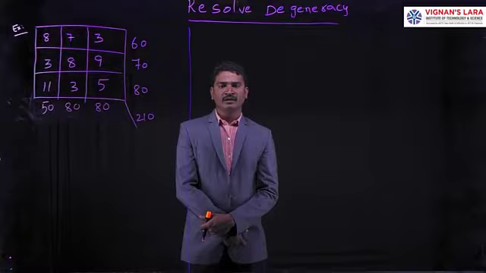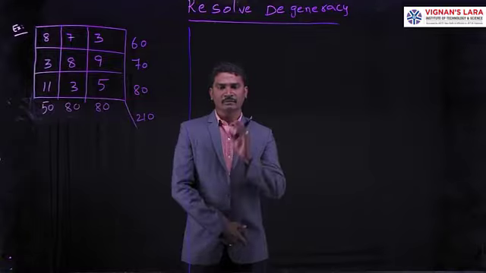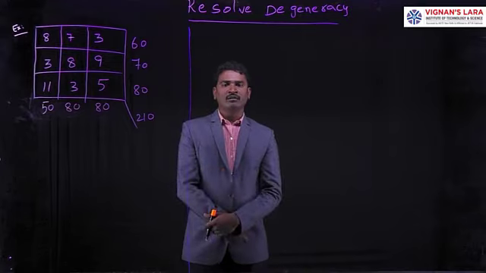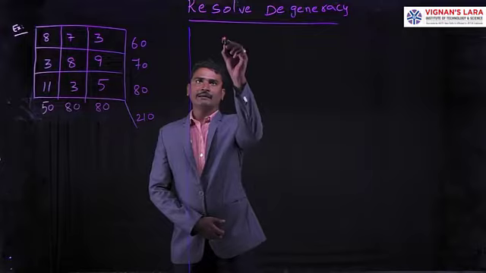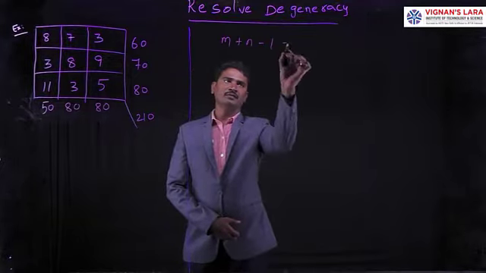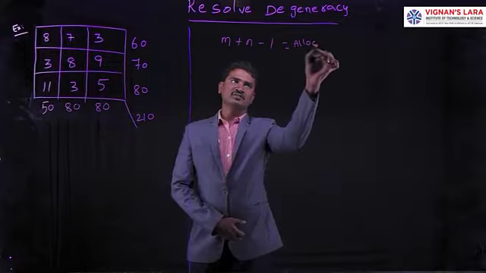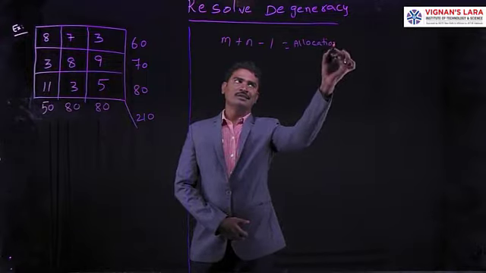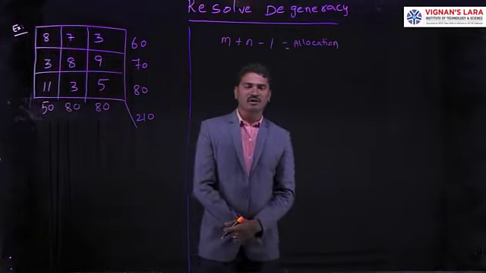When calculating the optimal solution, we have to check whether the given problem is degenerate or non-degenerate by the help of m plus n minus 1 equal to the number of allocations. By using this formula, we check degeneracy and non-degeneracy.